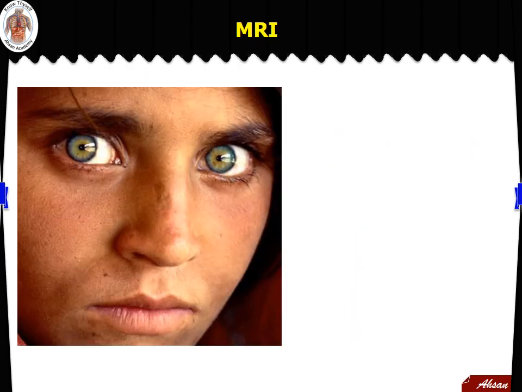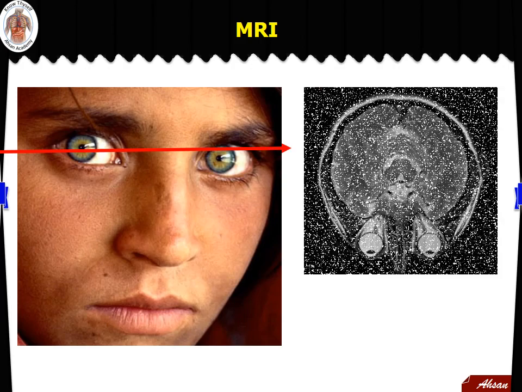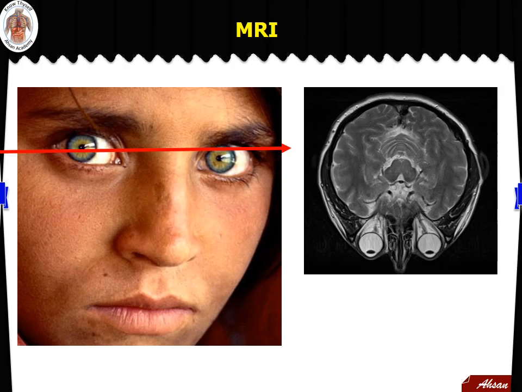Suppose we are interested to know what are the anatomical structures present at the level of the eye. So we can take an MRI or CT scan to examine the anatomical structures. So understanding the anatomical structures in a particular plane will help us.